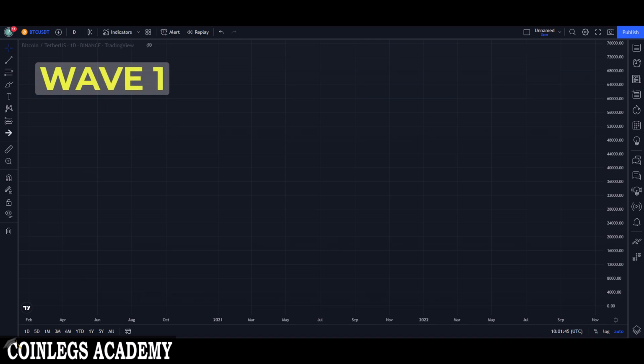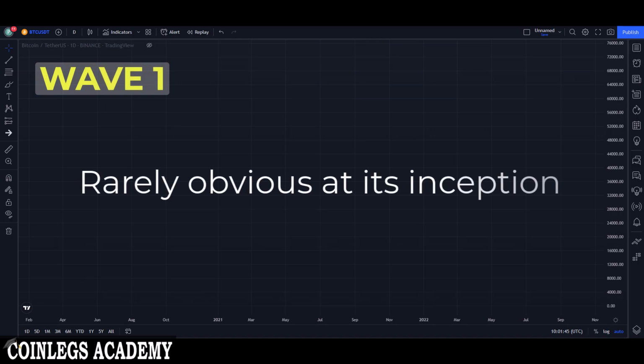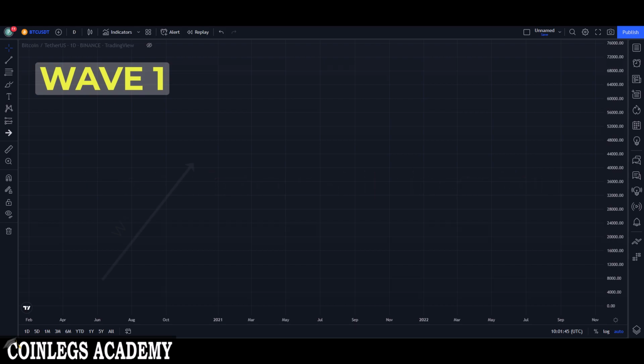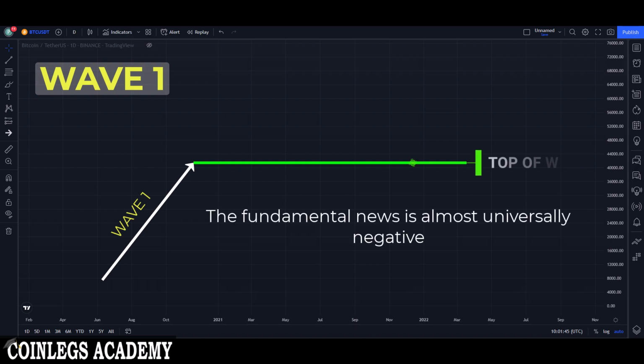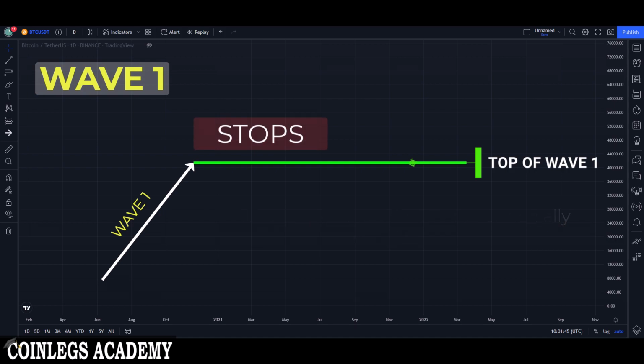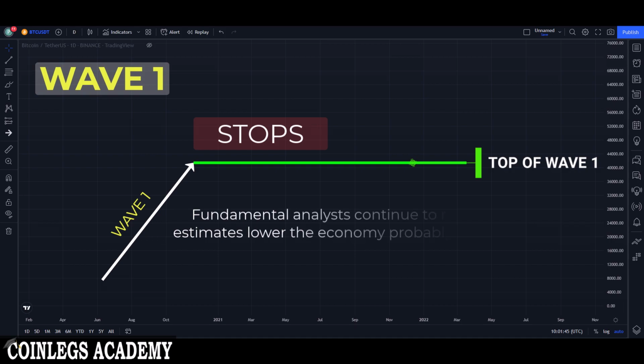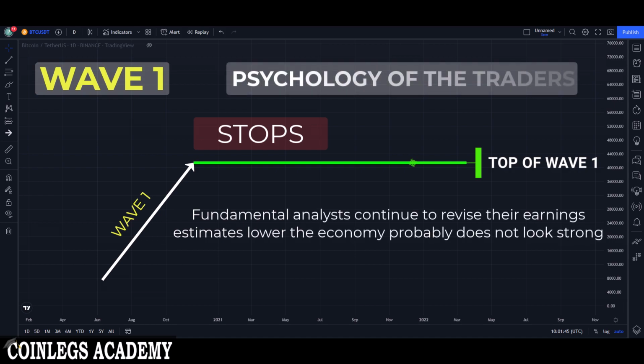Wave 1. In Elliott wave theory, wave 1 is rarely obvious at its inception. When the first wave of a new bull market begins, the fundamental news is almost universally negative. The previous trend is considered still strongly in force. Fundamental analysts continue to revise their earnings estimates lower.